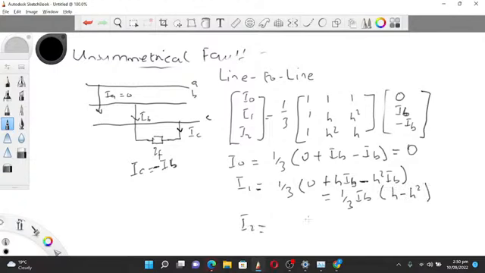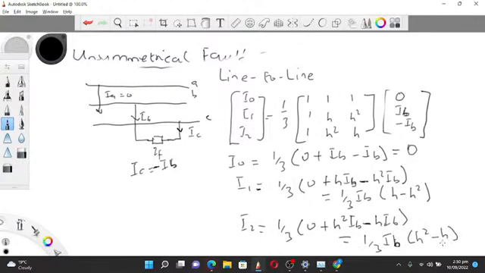For I2, I'll have 1/3 of 0 plus h squared IB minus h IB, which can be simplified as 1/3 IB into h squared minus h.